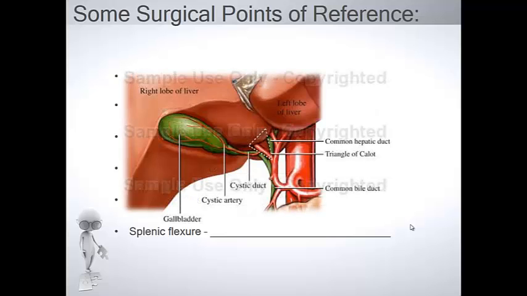Shown here, the cystic duct is green, the common hepatic duct is green, and the inferior portion of the liver is red. Inside this triangle is the hepatic artery.